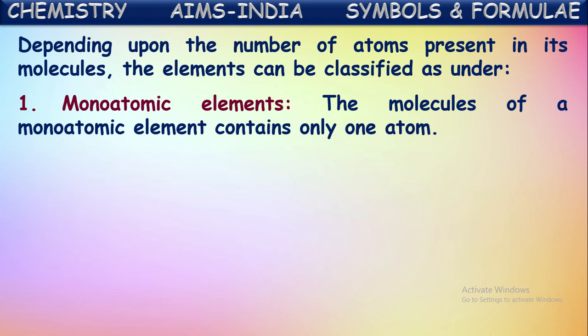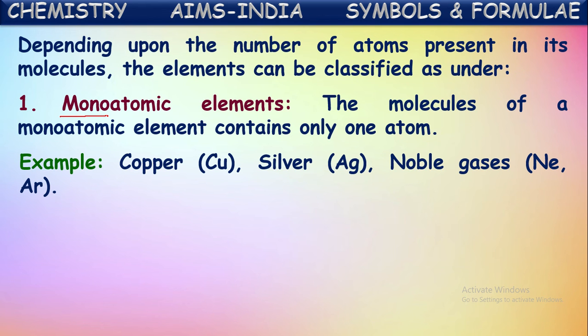Monoatomic elements. First classification you can say as monoatomic elements. Here mono represents single or one. That means the molecules of elements which contain only one atom in them are considered as monoatomic elements. Let us see some examples.